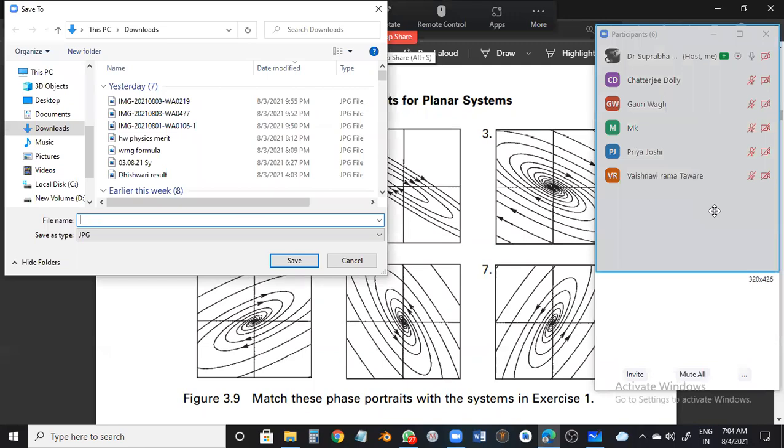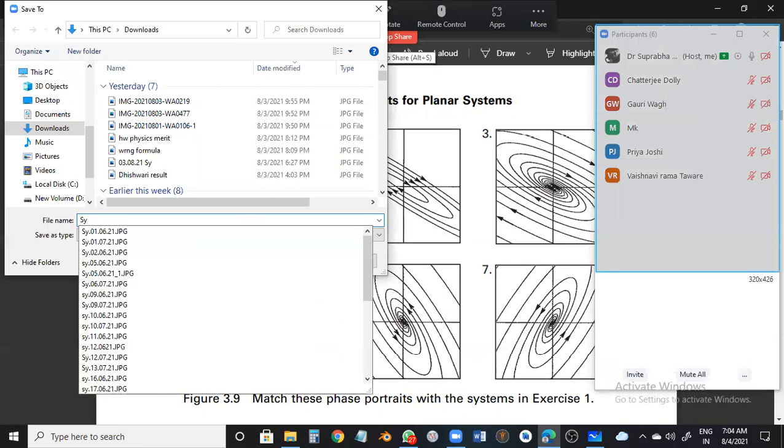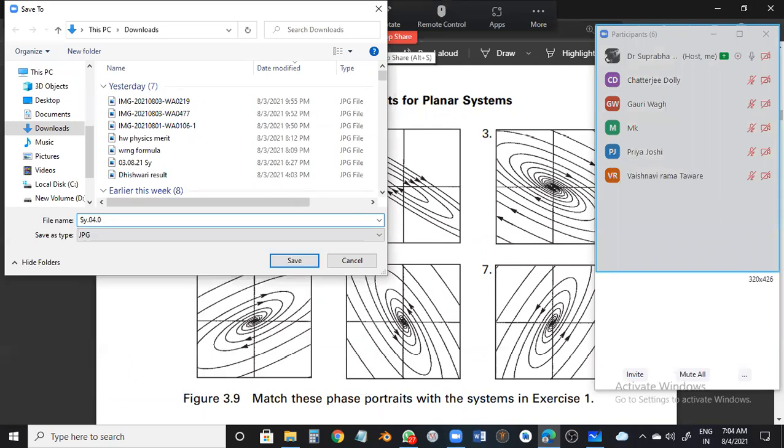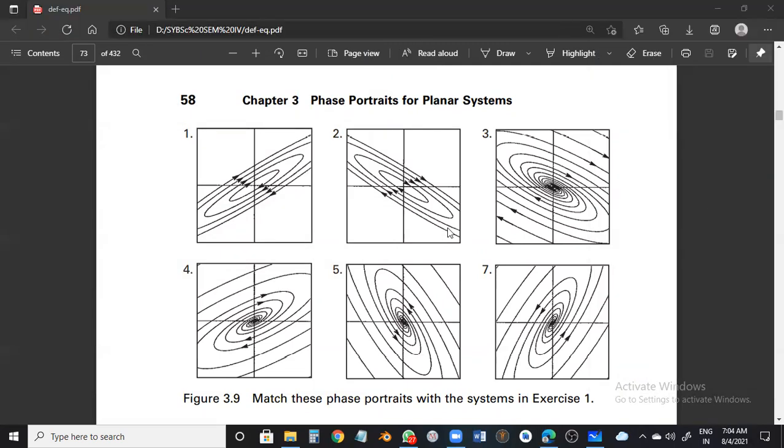Okay, they are spirals, and the direction of the spiral is going away from the origin, coming out of the origin. In the fourth one, you see it is again a spiral but going towards the origin. The arrows are going towards the origin.